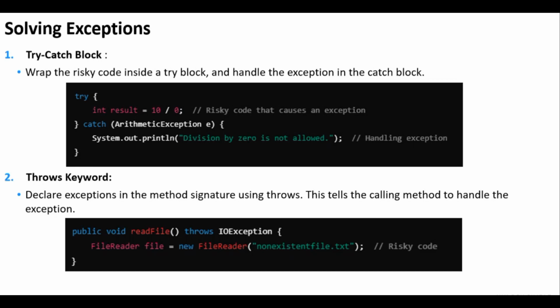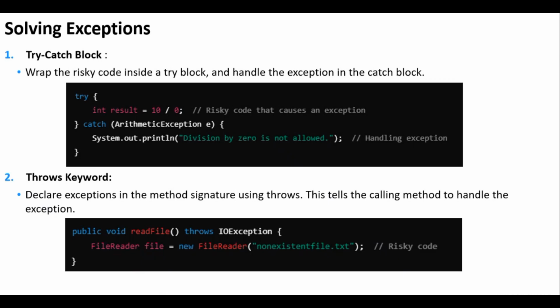The next one is the throws keyword. The throws keyword is used mainly when there is a method which is invoked by some other class or method, but the method will have the chance to throw some exception. If we have a method which may throw an exception, we should include the keyword throws followed by the exception. We can include IOException, so we can specifically mention what type of exception it was.